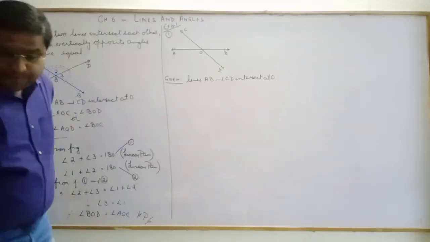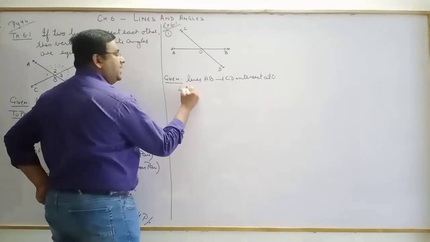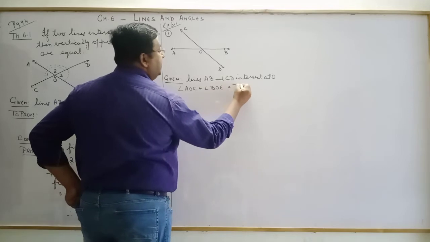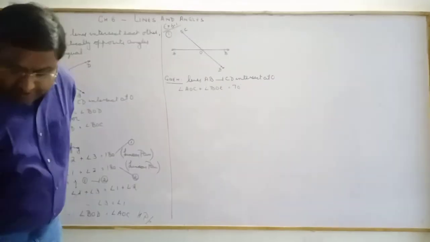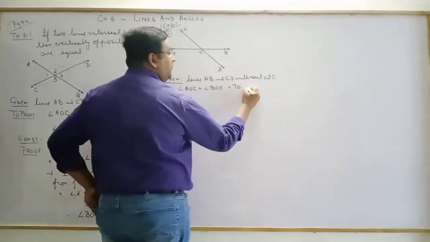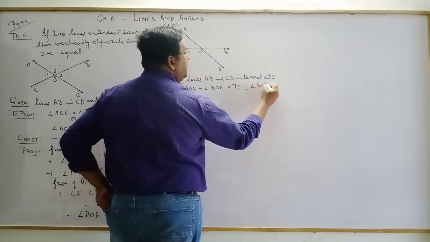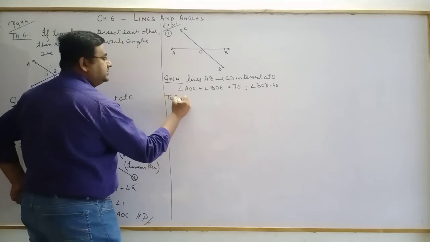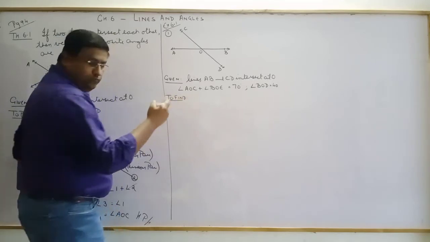One more thing is given. Angle AOC plus angle BOE is equal to 70. This is given to us. We'll make it. And angle BOD is 40. And he's telling us to find a few angles. What do we need to find?